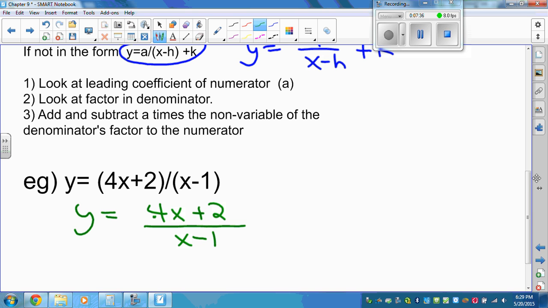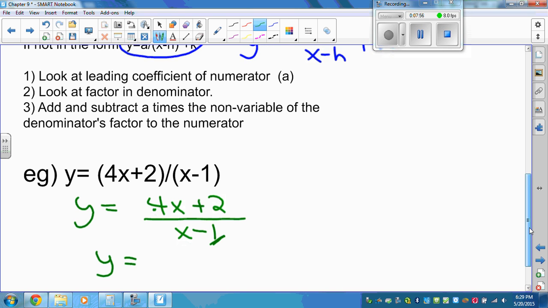Add and subtract a times the non-variable of the denominator's factor to the numerator. Here's the non-variable part, negative 1. I'm going to add and subtract 4 times negative 1 to the numerator. When I add and subtract, just like when I was completing the square, it's totally allowed.